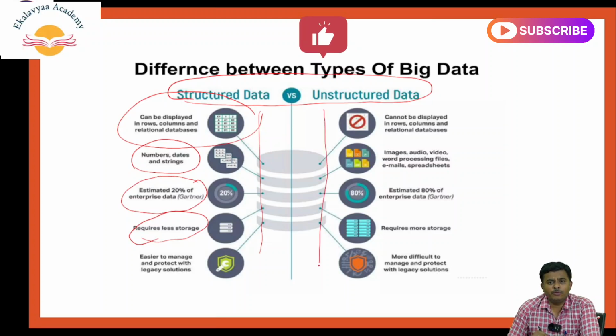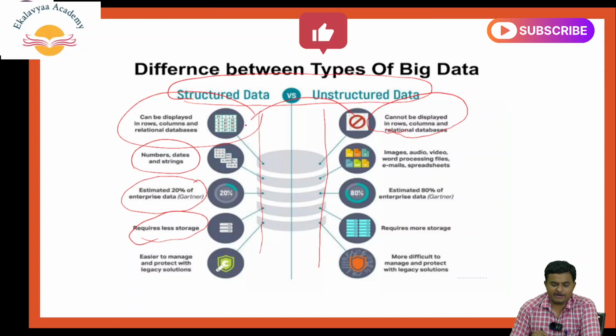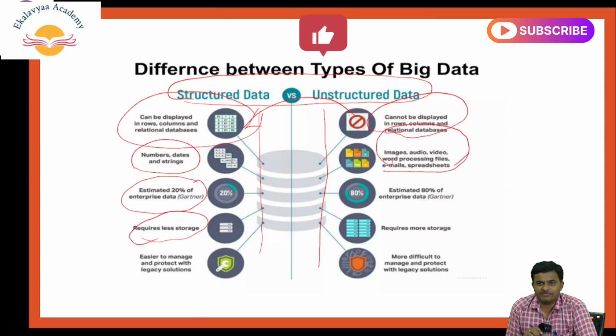Now we have the other one, called unstructured data. It cannot be displayed in rows and columns as in traditional relational database systems. It contains images, audio, video, word processing files, emails, spreadsheets, and some other types of data.